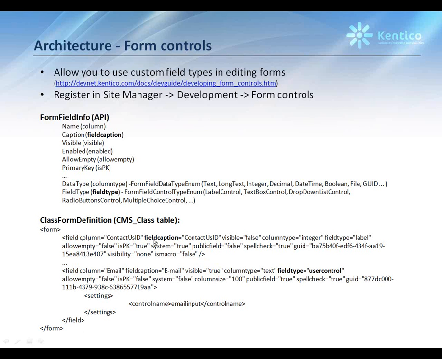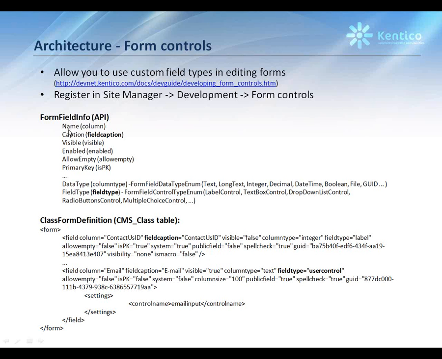These attributes reflect the form field info class in our API. So for example, if you have a form field info object and access the caption property, the field caption value from the form definition will be taken. So in this case, it will be contact us ID.